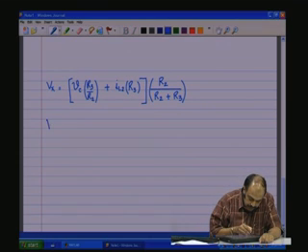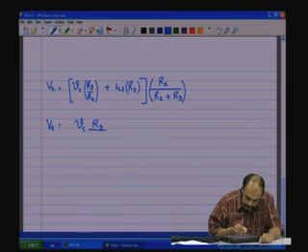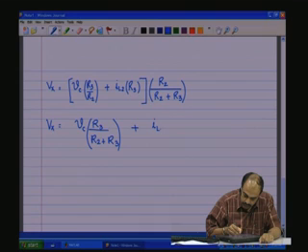So, Vx equals Vc R3 by R2 plus R3, plus IL2 R3 R2 by R2 plus R3.